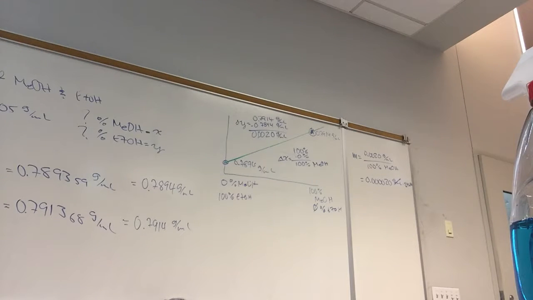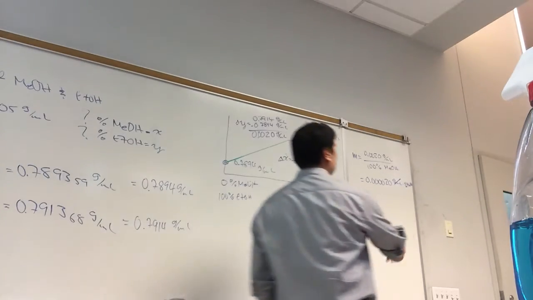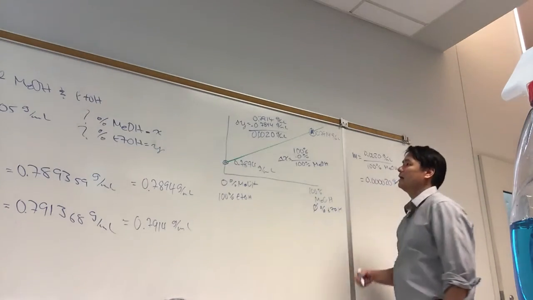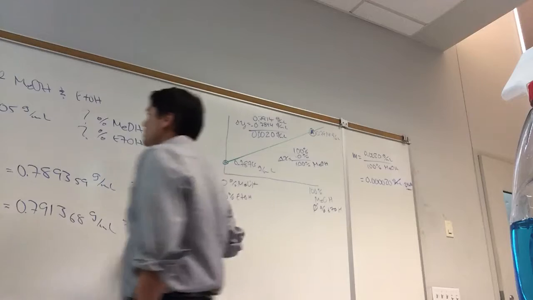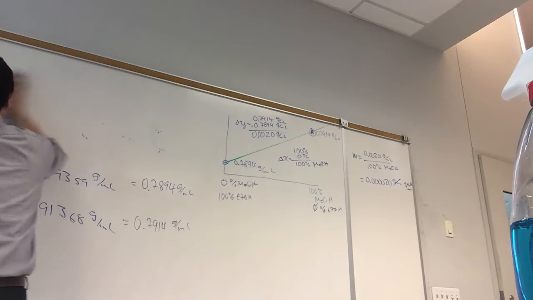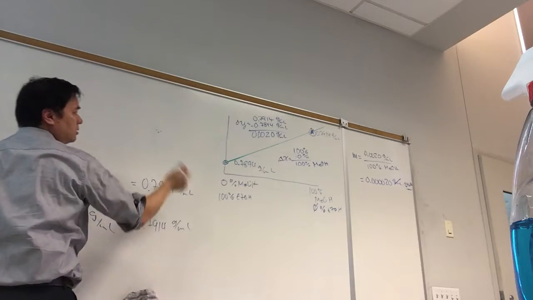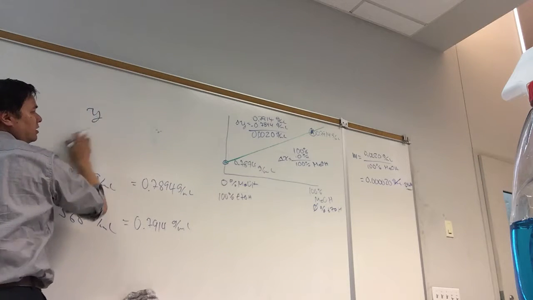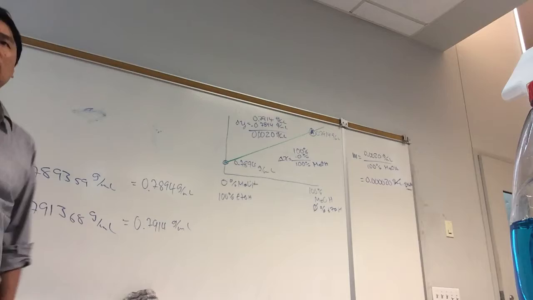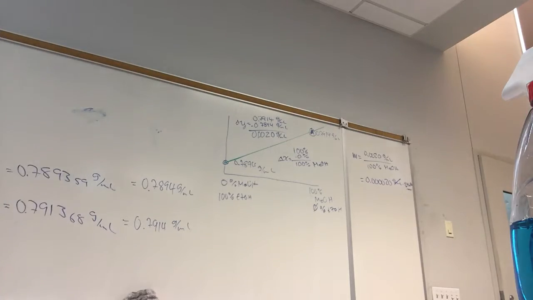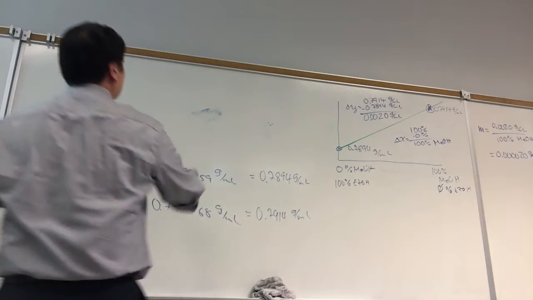When you plug into your calculator, are you plugging 100% or just 100? 100. Not 100%. The units are important. We have to retain the units because of the equation. What's the equation of the line? You could see this. The equation of the line is y equals mx plus b. So let's just do it.